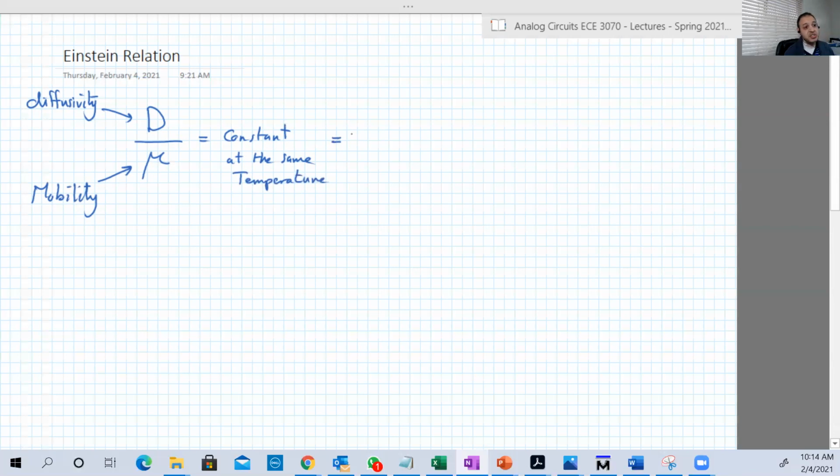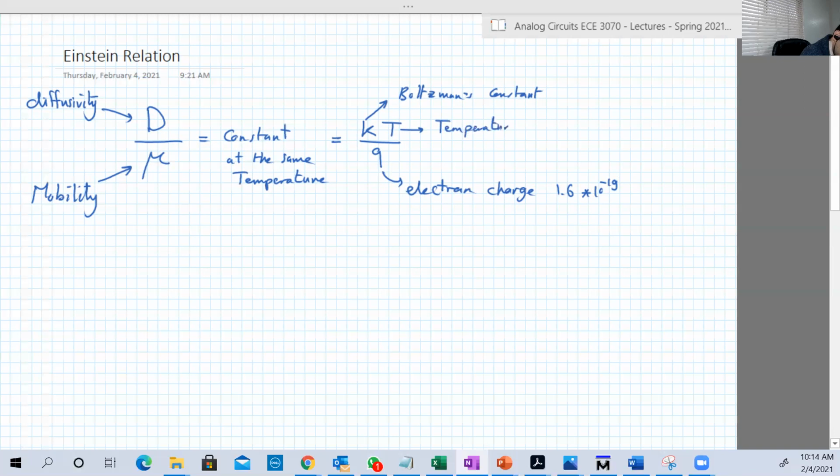And he found that this constant is actually kT over Q. k is the Boltzmann constant, T is temperature in Kelvin, and Q is the electron charge, 1.6 times 10 to the power of minus 19.